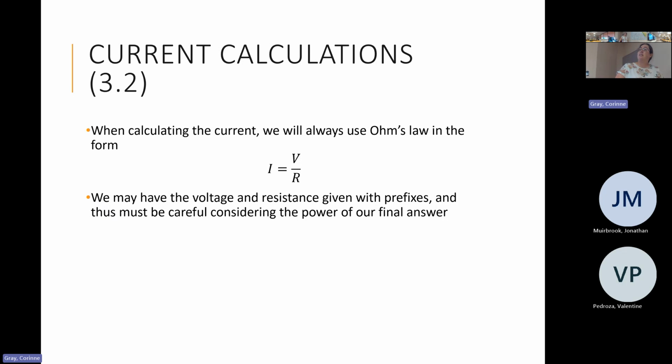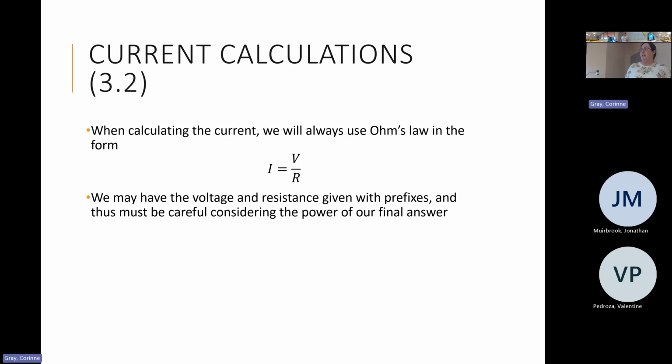So with the resistance, we will have values that range from ohms all the way up to mega ohms throughout this class. It'll be somewhere in between. So we just want to make sure that our values are going to work out. So when I'm talking about the power here, I'm talking about what do I have?